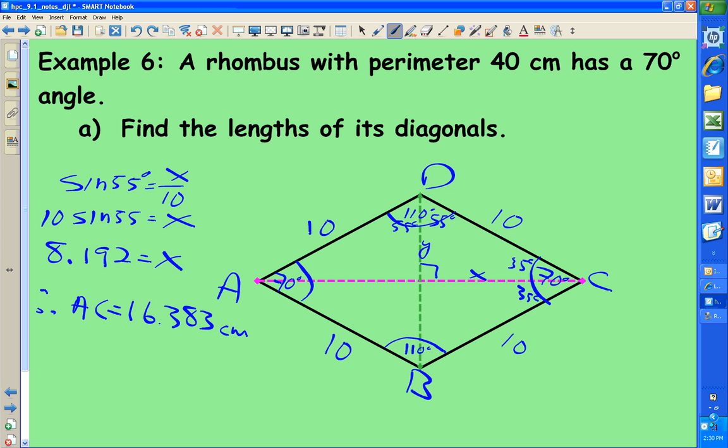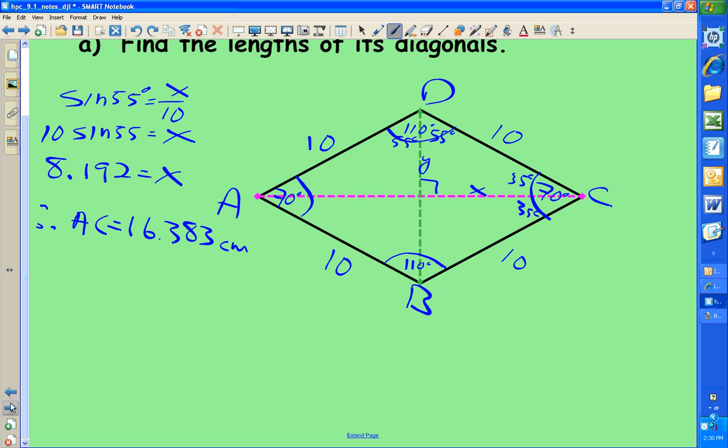Now, some of you might be tempted to do the Pythagorean theorem now. I would suggest you go back and do another trig problem. Again, you have multiple options. What trig equation should we use for the second diagonal? Sine of 35 equals y over 10, and 10 times the sine of 35 is equal to y.